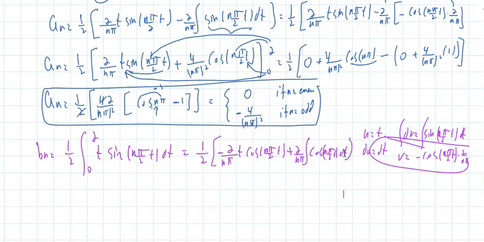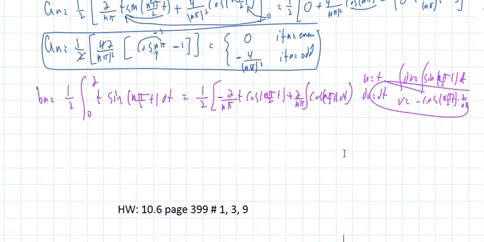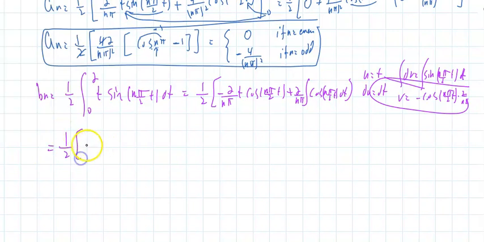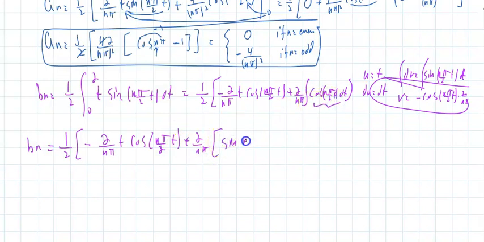So I'm getting 1 over 2 times negative 2 over n pi t, the cosine of n pi over 2 t, plus 2 over n pi times the sine of n pi over 2 t.